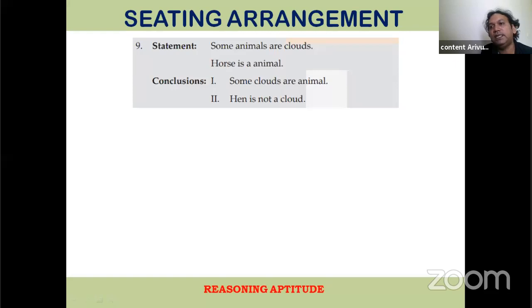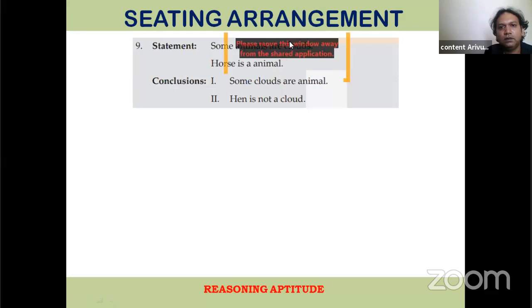And then we'll be starting with the seating arrangement topic. Some students are still joining, so just waiting for 1 minute.